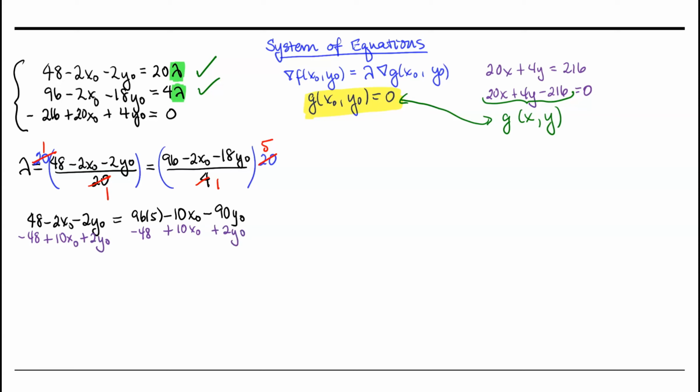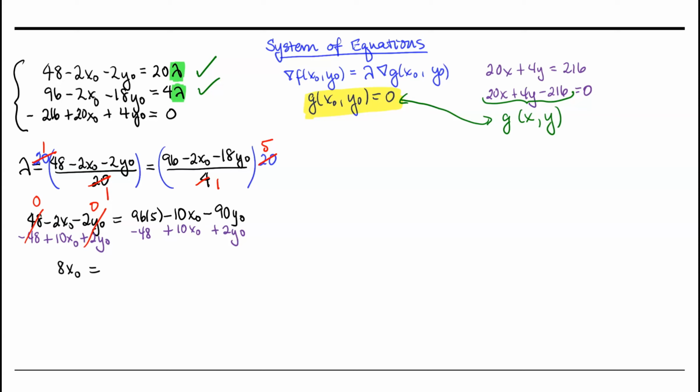So what ends up happening is these 48s sum to 0, and these plus and minus 2y naughts sum to 0 as well. So I'm left with a positive 8x naught on the left-hand side of my equation.